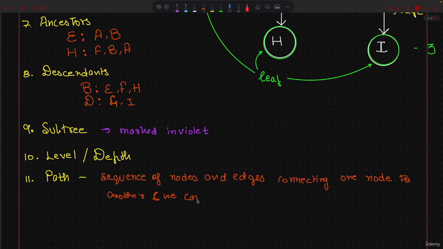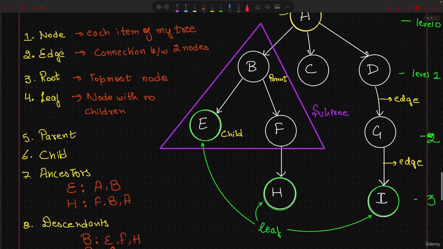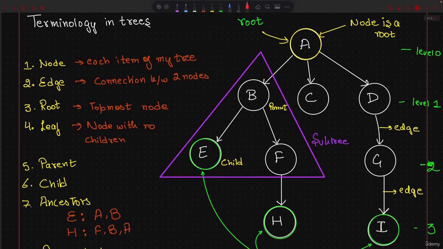We can only move downwards. What I mean by that is, let us first understand the path. Okay, for my A, if I have to go to F, this is the path I will take, right? For B to go to H, this is the path. But for H to go to E, I cannot move in this direction because this is not how it is going, right?